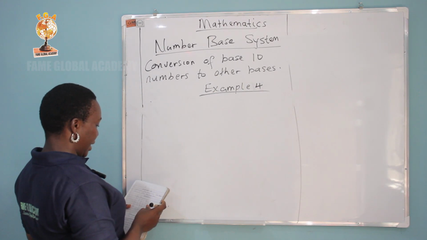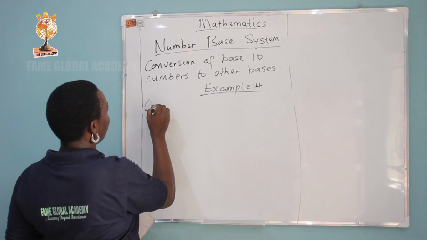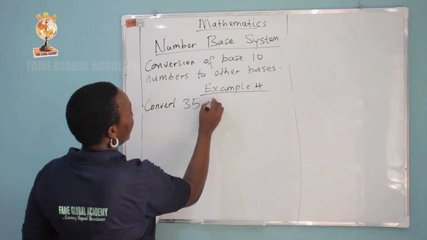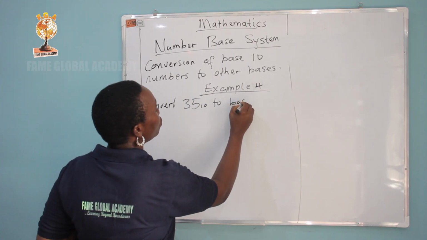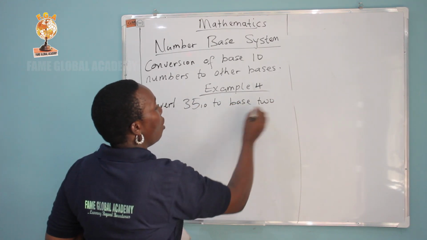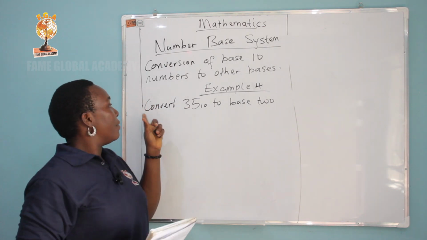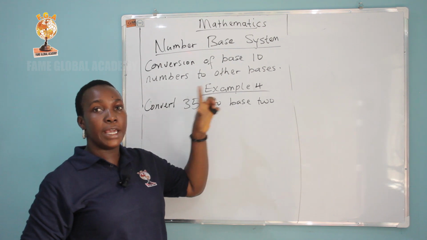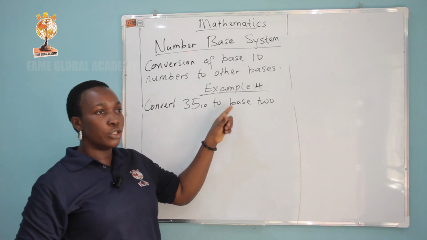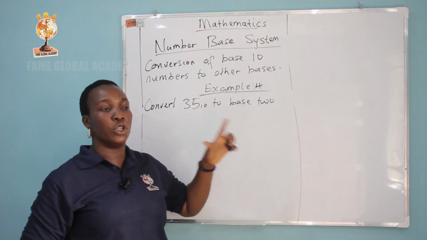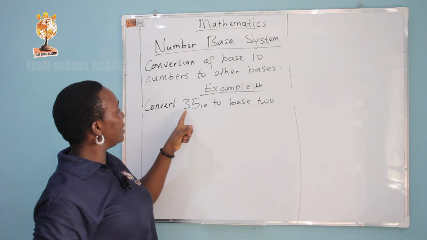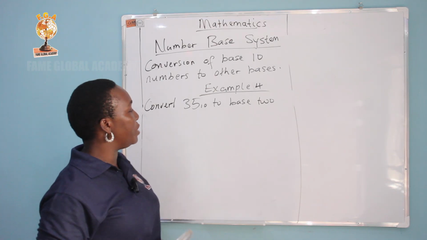Alright, example 4 says convert 35 base 10 to base 2. Or you can say convert 35 base 10 to binary. In case the question comes like that, just know that we are talking about base 2 because binary numbers are base 2 numbers. Okay, so we are converting 35 base 10 to base 2.